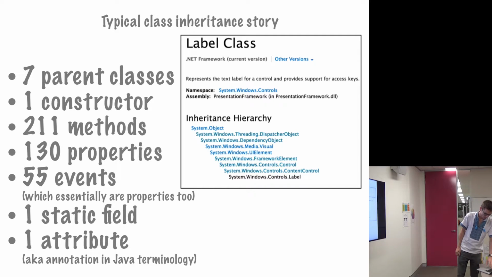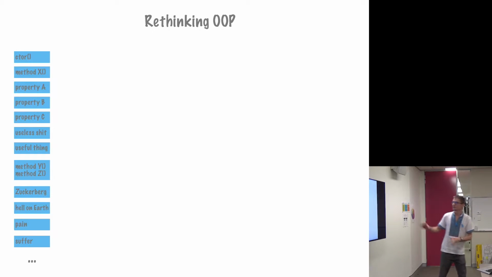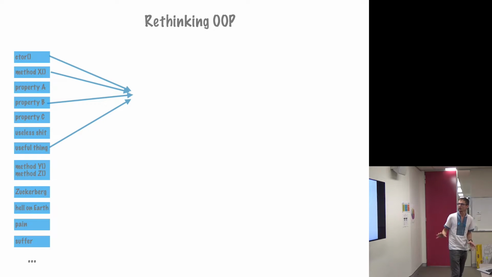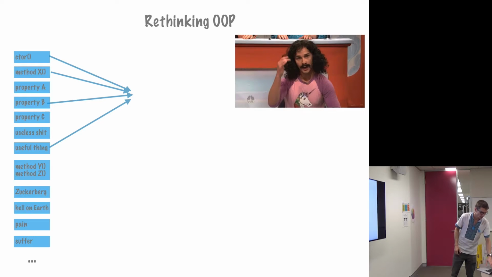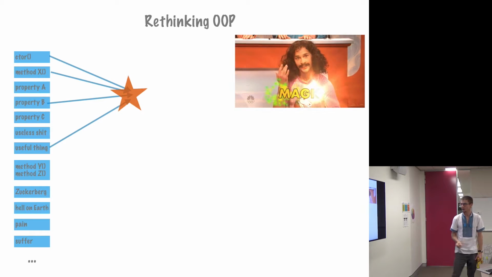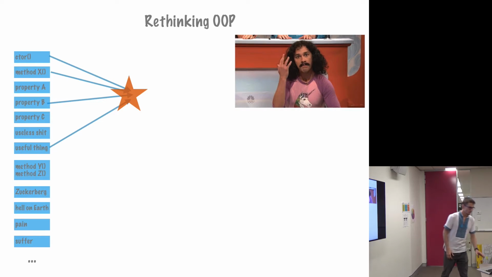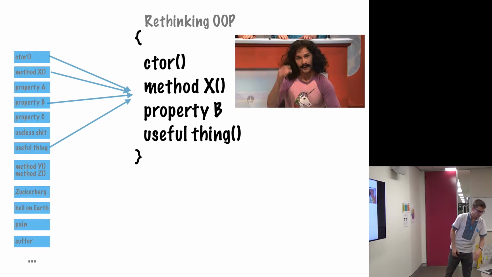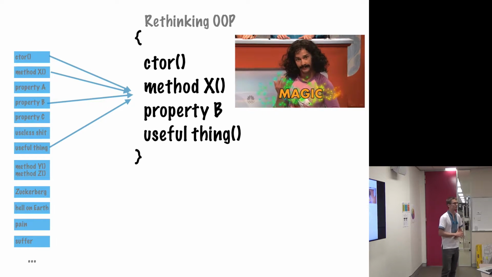So what did we do? We decided to rethink object-oriented programming, basically. Let's assume these things on the left are behaviors you can choose from, and then you choose some of them, like only the 4 you need, for example, and somehow magically you combine them. I'm not sure how, just some magic works there. And then you get this little thing you actually want.